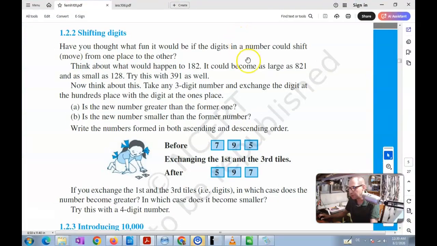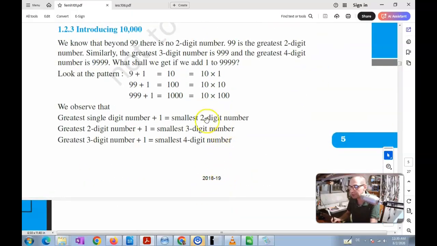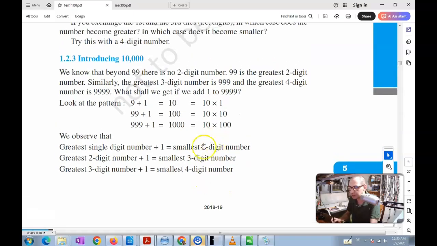Okay, so the next thing that we have in our textbook, and remember that when I say the textbook, I mean the 2018, 2019 textbook that I have uploaded to Udemy along with this course, which is not the latest version of these textbooks.